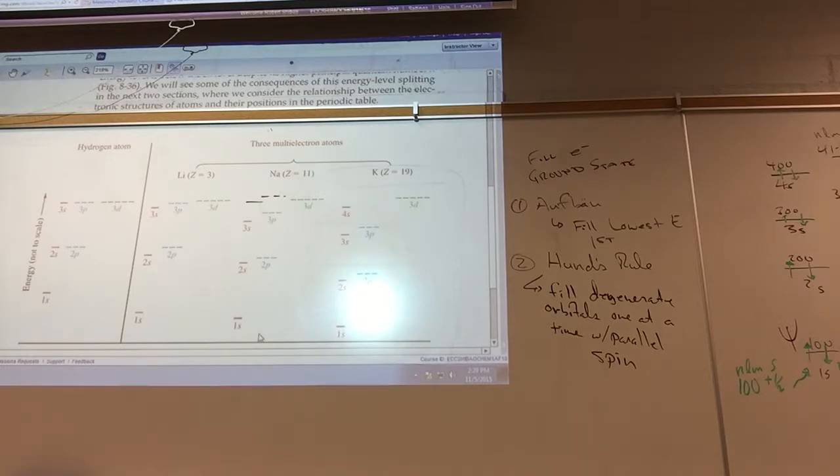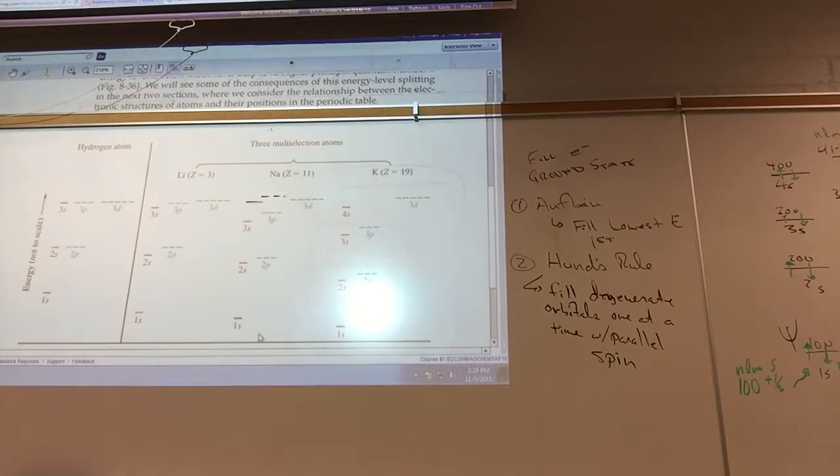When I have a filled shell, it's stable. It's got that spherical symmetry. But even if it's not a filled shell, if it's a filled subshell as well, like if I'm just looking at the p orbitals, all combined they will give us that spherical symmetry as well. And the same thing with the d orbitals. The d orbitals will give us that symmetry as well.